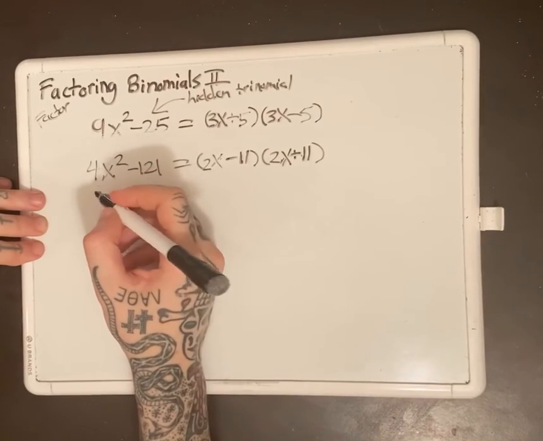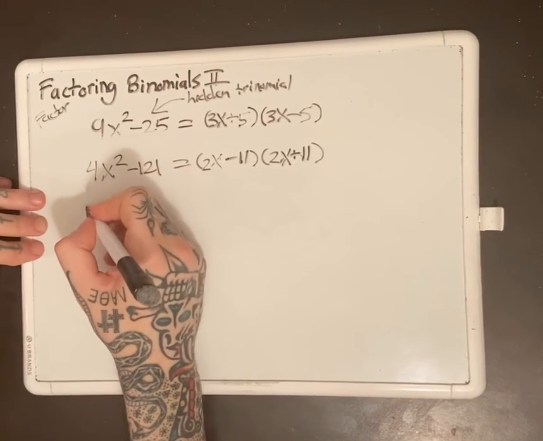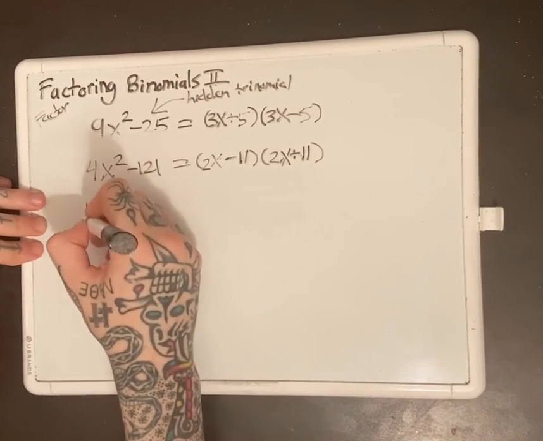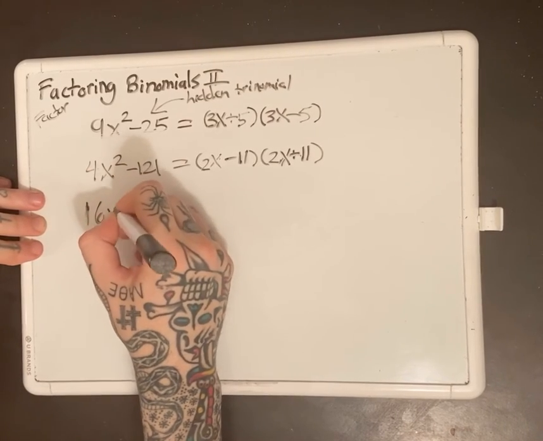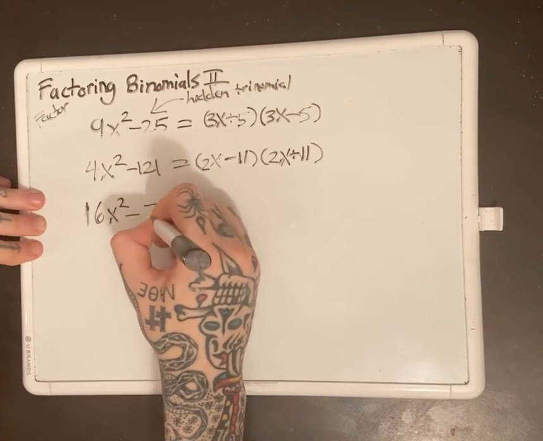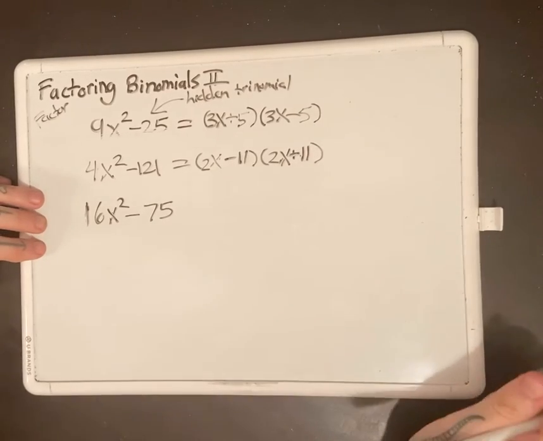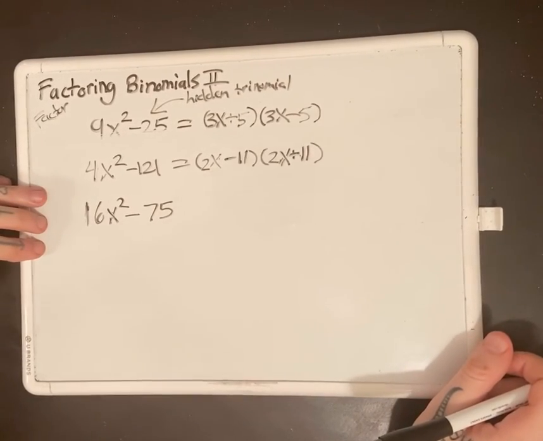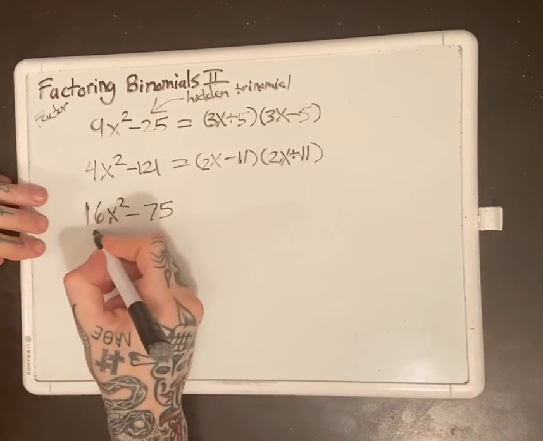All right, last one. 16x squared minus 75. Okay, so this is perfect.